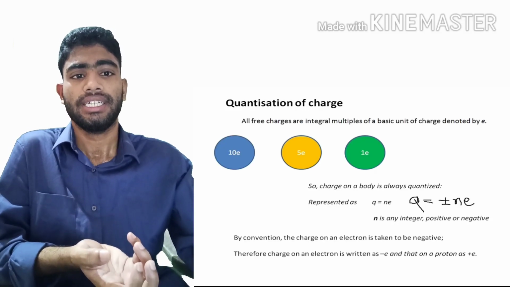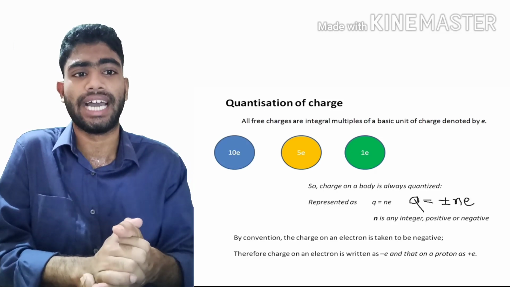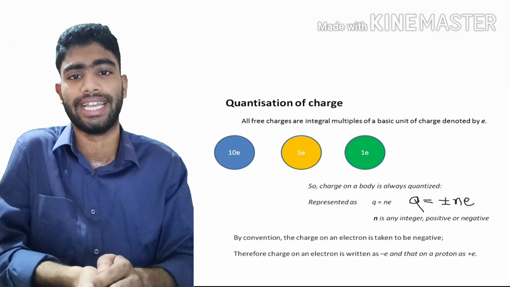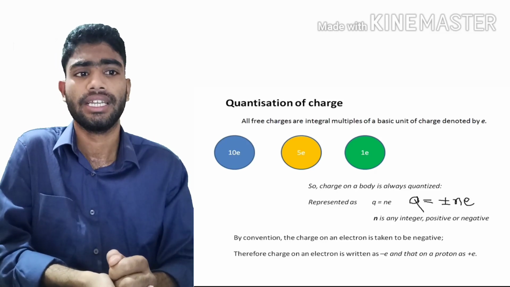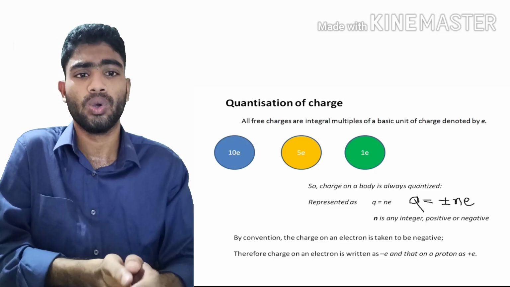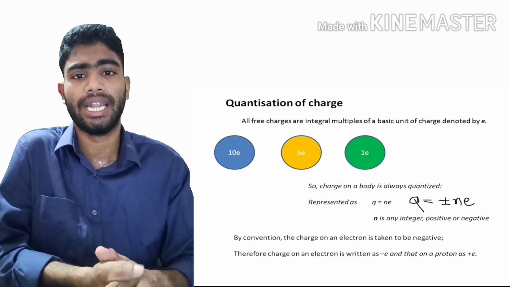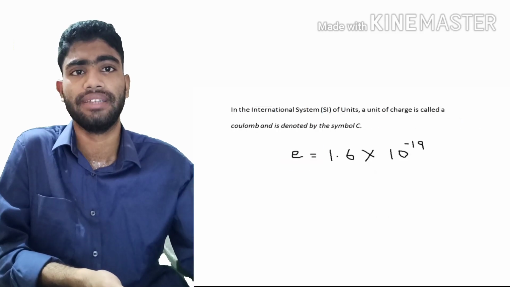Then by convention, as I told you, the charge of an electron is always negative, but the charge of a proton is positive. Therefore we can write the electron as minus e and the proton as plus e.